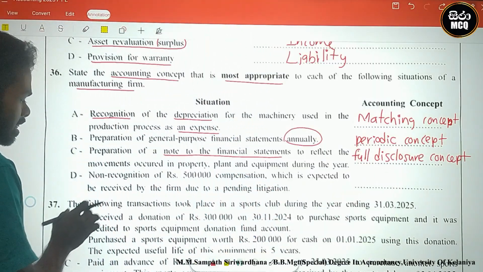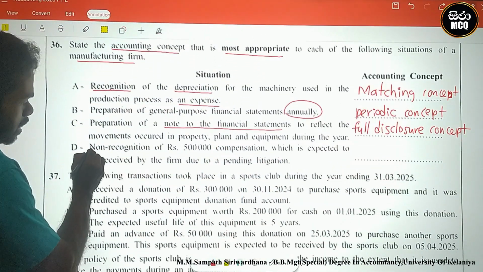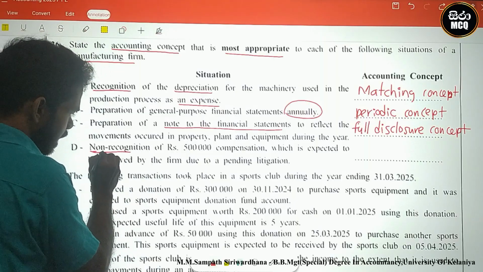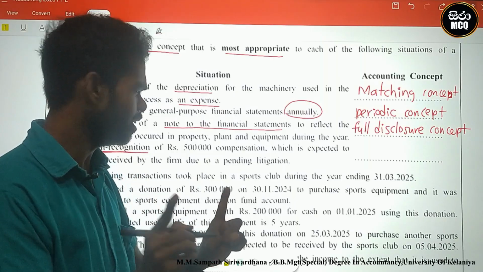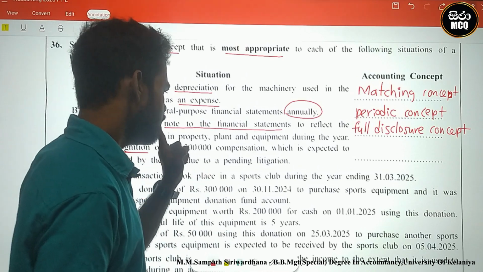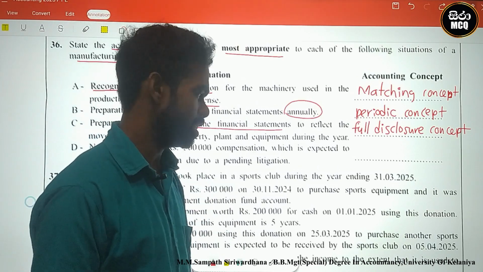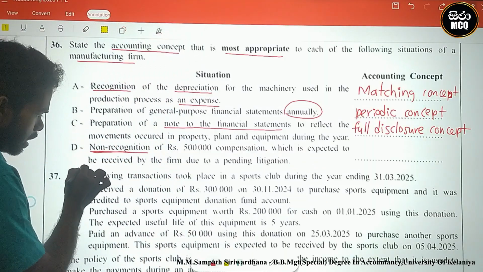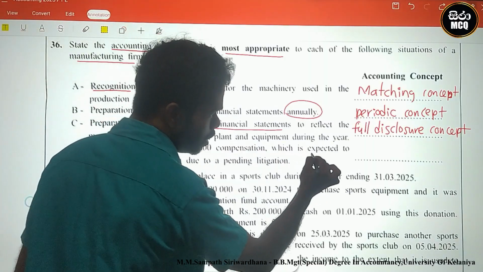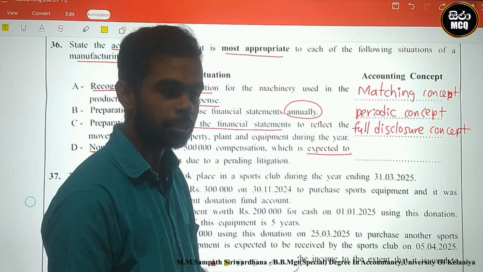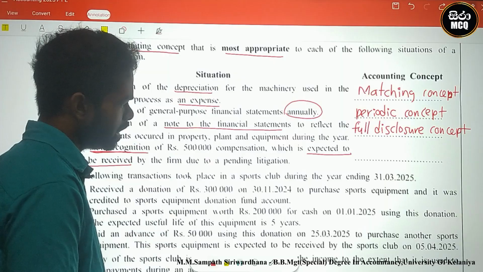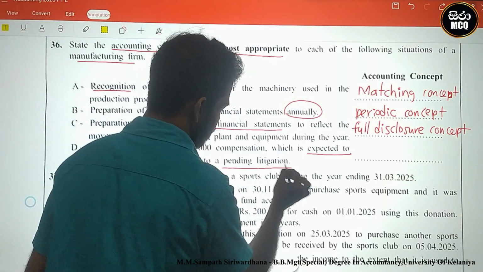Okay, let's see the final one. Non-recognition of 500 compensation, a compensation which is expected to be received by the firm due to the pending litigation.